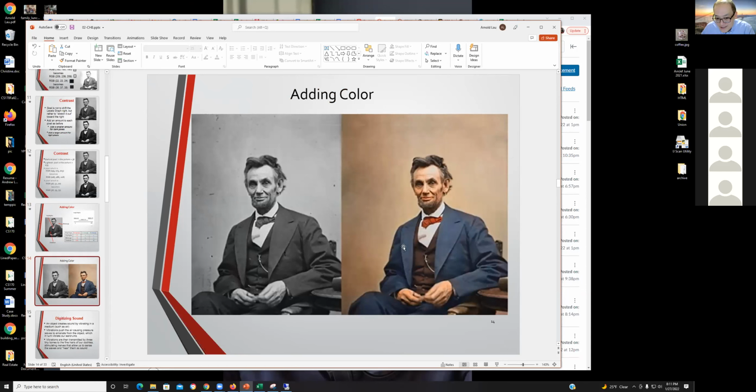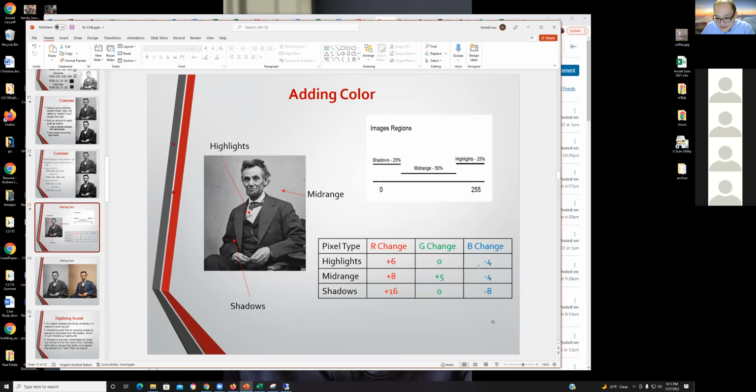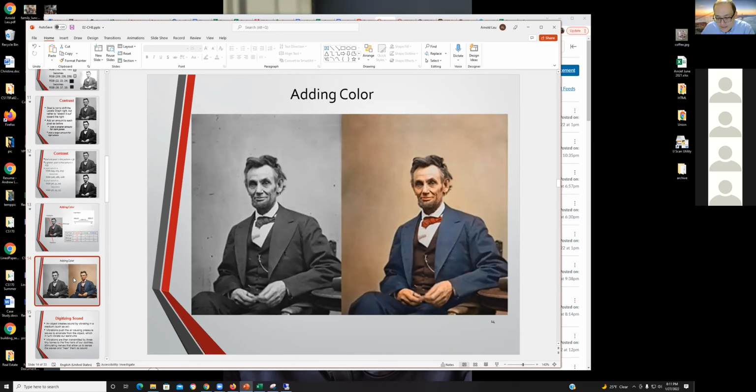The point here is making the suit look a little bit more blue, having the white still be pretty white, and having this background with these colors in the shift here, okay? So that's the idea.